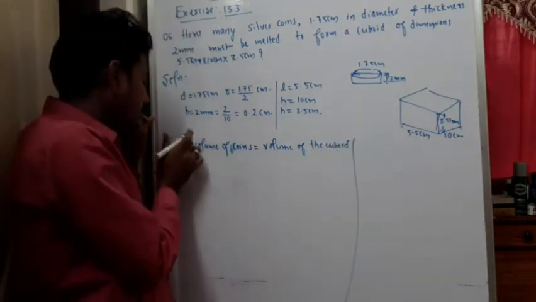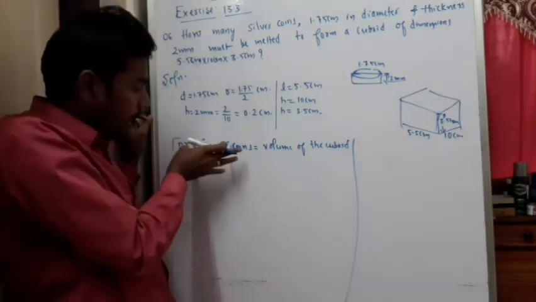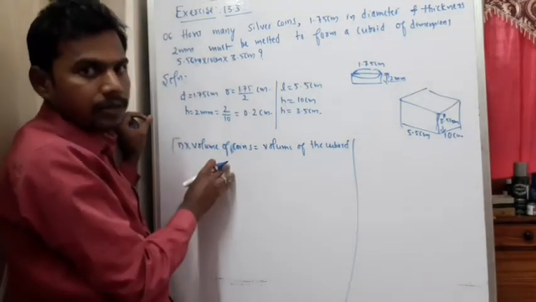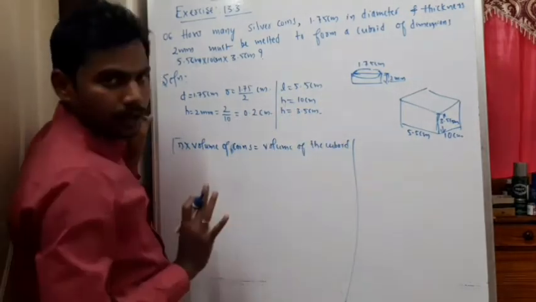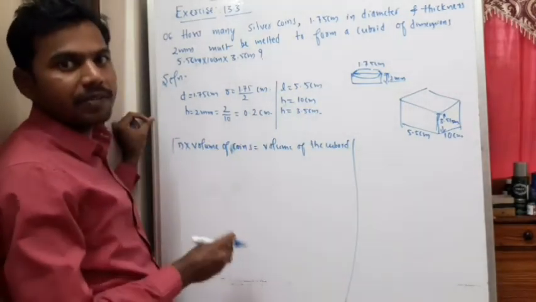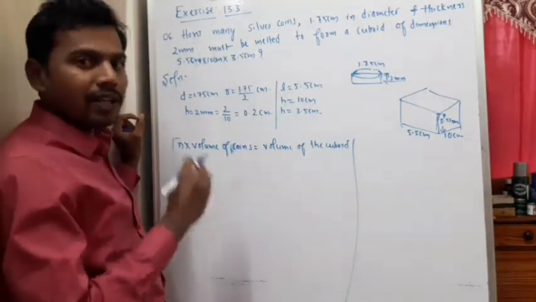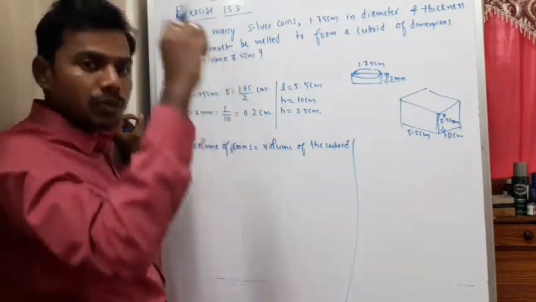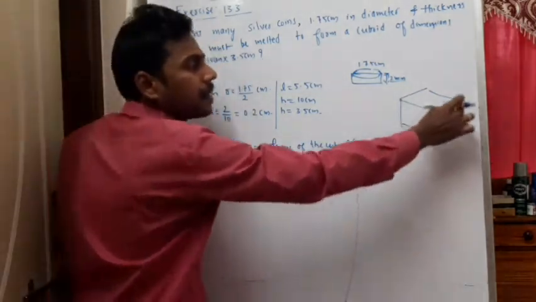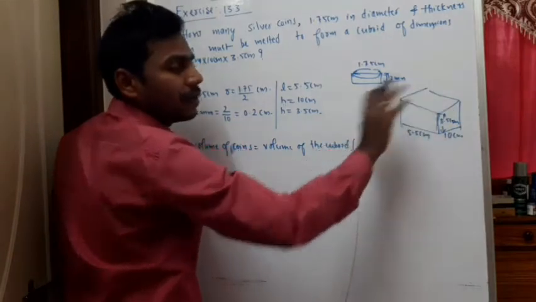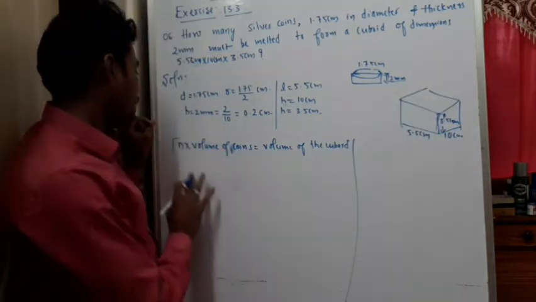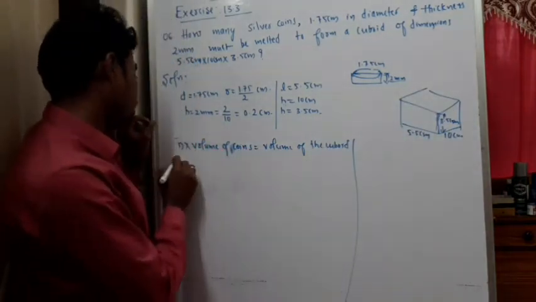I don't know what n is, but n number of these coins' volume should be equal to the volume of the cuboid. Using this equation, we need to find the value of n. That will give us the number of coins that should be melted to get a cuboid of this dimension.